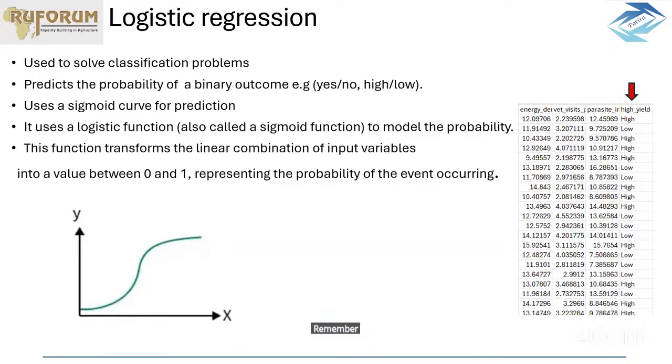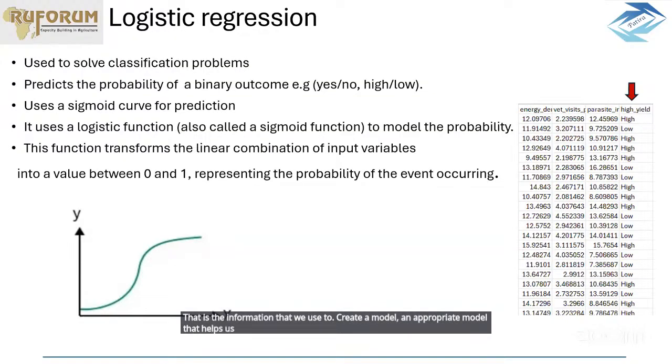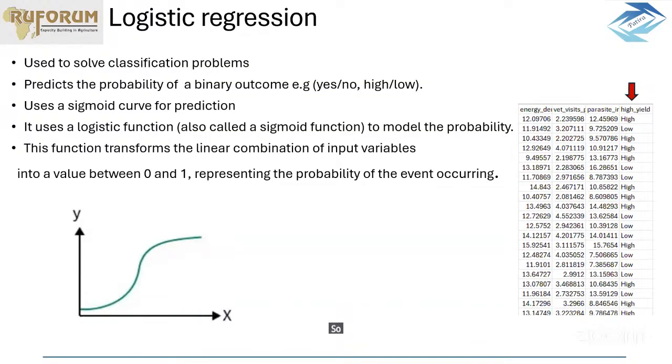Remember, we already have a data set for the crop recommendation. That data set already contains information that was collected, and that is the information that we use to create a model, an appropriate model that helps us to do predictions. So you can also do predictions with classified data of this nature.